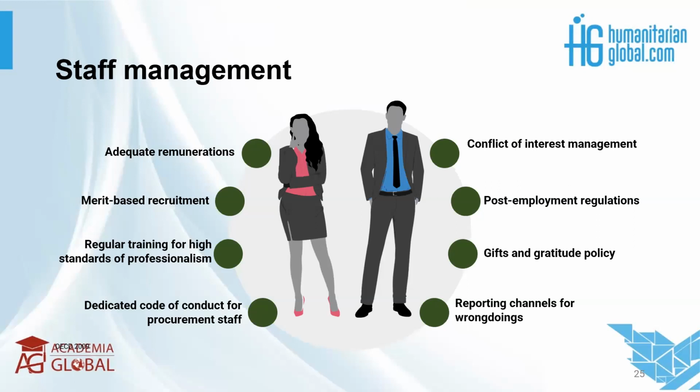Therefore, when I'm given a car by a supplier, I already know that a car is not a marketing gift. A car means it's a $100,000 car, and therefore our supplier is looking for something from the organization. Having a clear policy on gifts and gratitude.